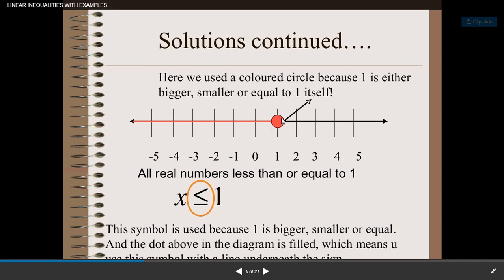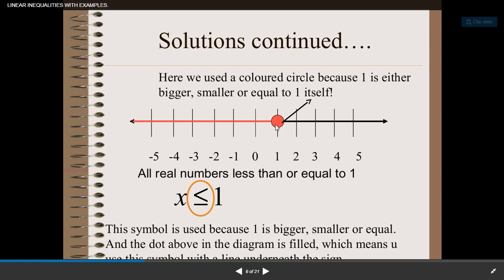Alright, so here is where the difference is. This time we have a colored circle, a circle which in mathematical terms is also referred to as a solid circle. So as I said, the red line is the representation of the inequality on the number line. So it's a solid circle here and these values are all those values which are going to be less than the number 1. So we first look at the number which is plugged in on the number line, which is number 1.